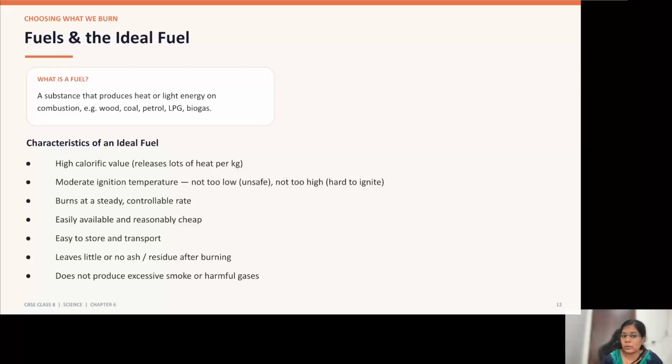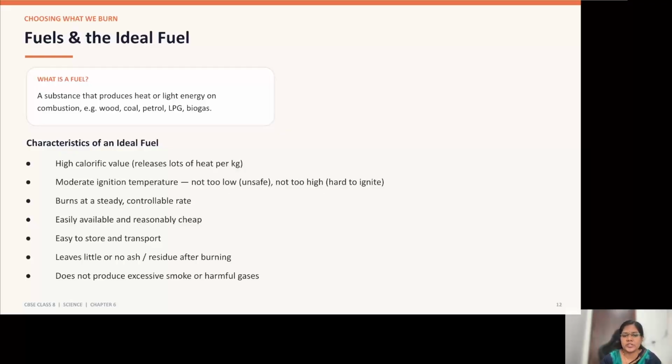It should have high calorific value, whereas this wood does not have high calorific value, it has low calorific value when compared to LPG. Then it should have moderate ignition temperature, not too low, not too high, and a steady burning rate.